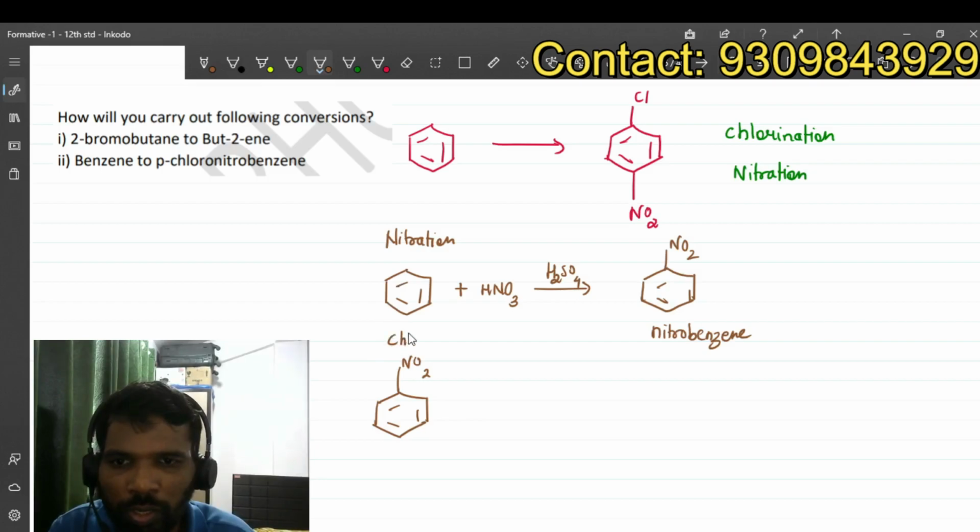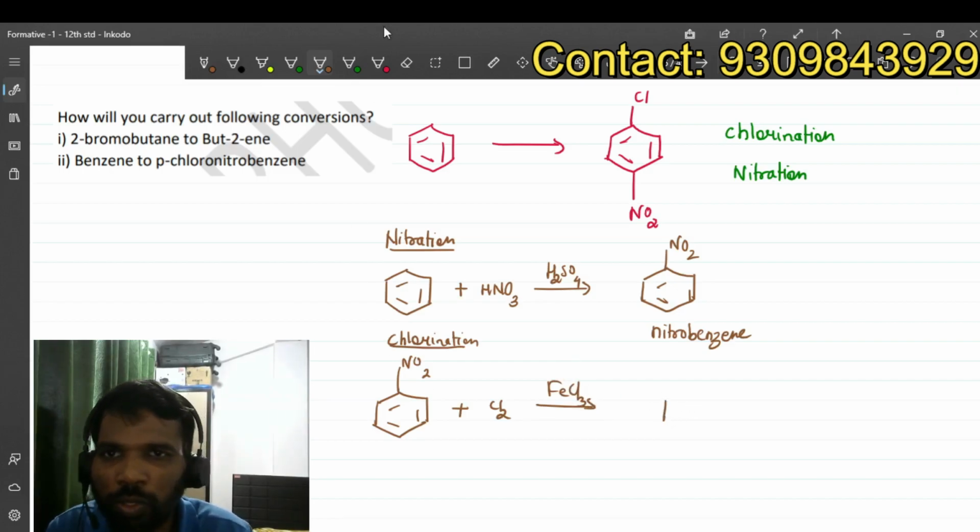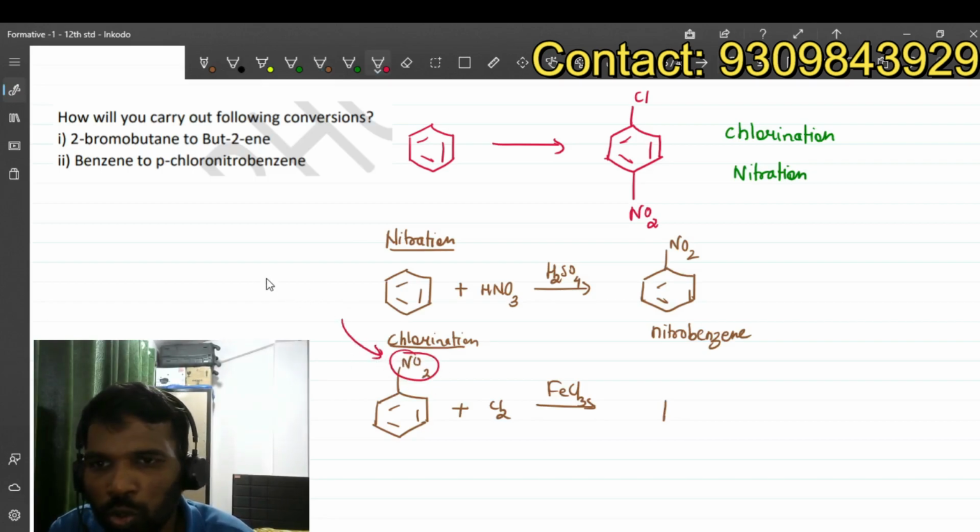Here this second step is chlorination. First is nitration. So chlorination, what we do? We take chlorine and FeCl3. This is a Lewis acid. So what you get? The NO2 group here is, sorry, meta directing to the incoming electrophile.